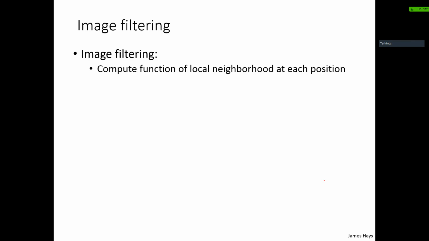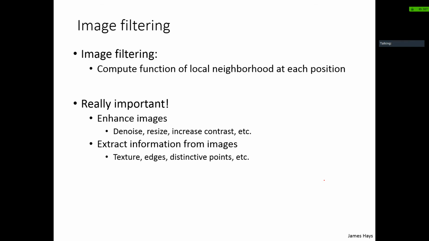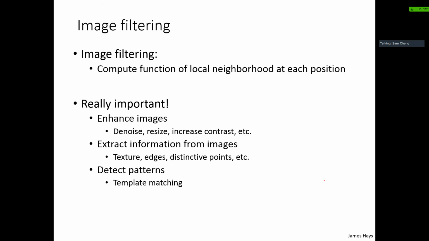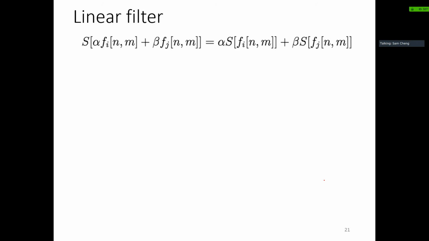Now let's get into something related to signal processing. If you think of what we learned in signal processing, one very important class of filters is linear filters. This is just a reminder for you guys: what do we mean by linear filters?